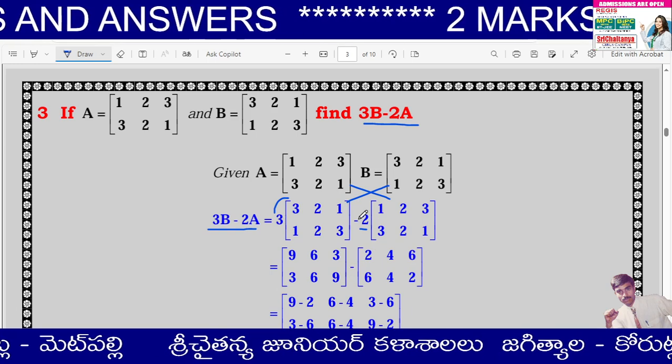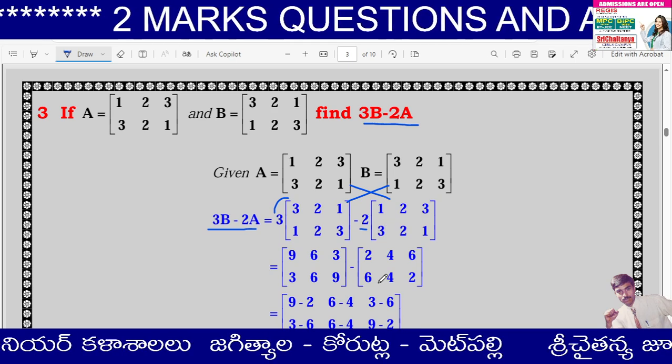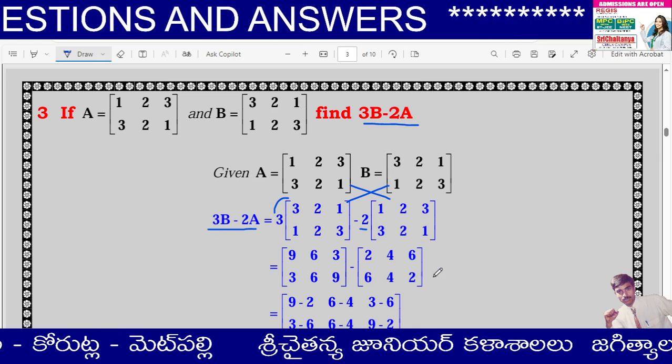Then 2A: 2 1s are 2, 2 2s are 4, 2 3s are 6; 2 3s are 6, 2 2s are 4, 2 1s are 2.